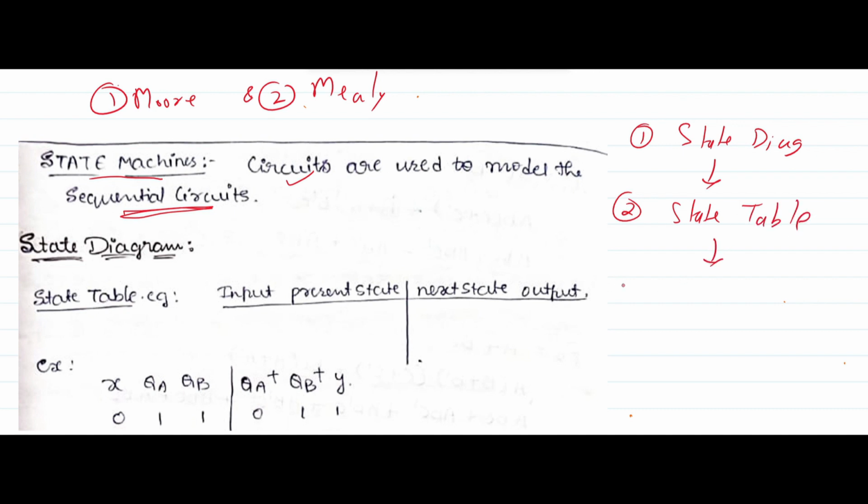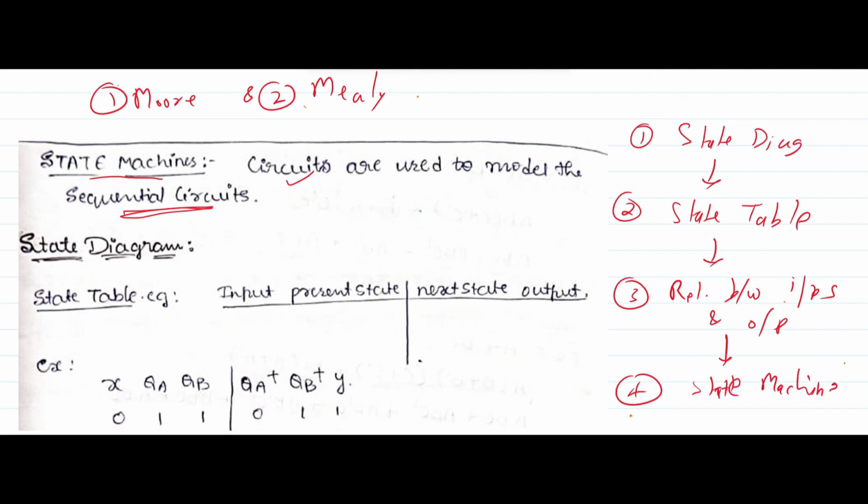Then from this state table, using K-map or any other method, we can find the relation between inputs and outputs, right? And then, using this relation and using logic gates and flip flops, we can design our state machine.